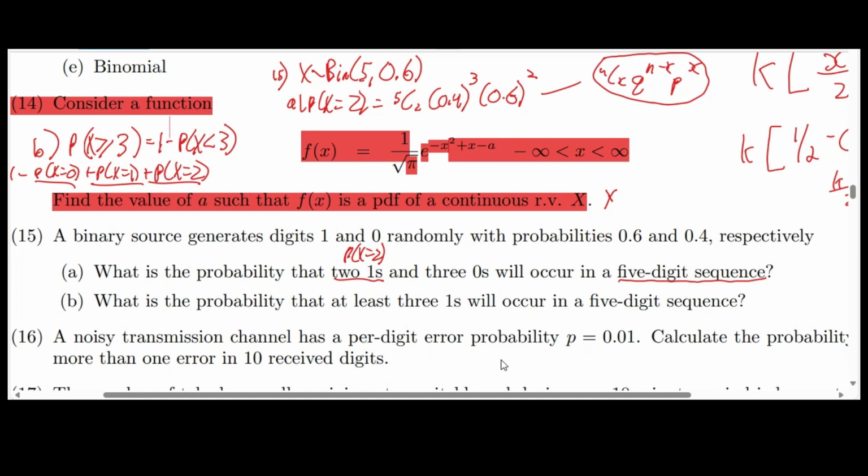Another weird one. Let's say I had 10 trials, and you want to know the probability X is less than or equal to 9. You may be tempted to do 0, 1 straight up to 9 and add it up. That will give you the correct answer, but it will take very long. Since you know n is 10, you could just do 1 minus the probability X is equal to 10.